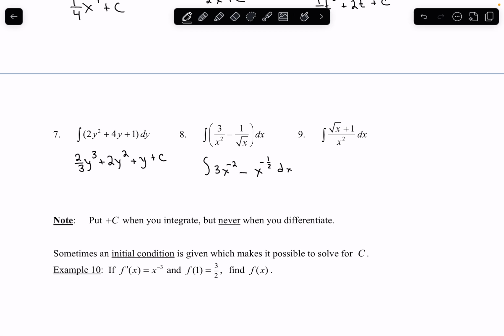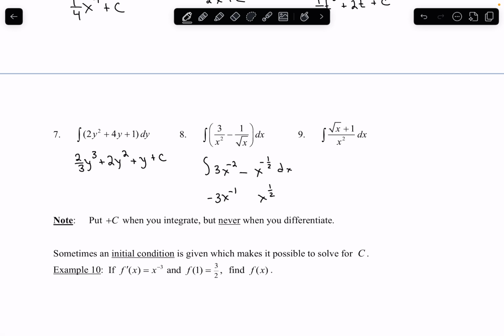So the integral of 3x to the negative 2, if I add 1, I get x to the negative 1. And now I have to divide by negative 1, so this becomes negative 3. X to the negative half, if I add 1, becomes x to the positive half. And then I have to divide by positive 1/2.